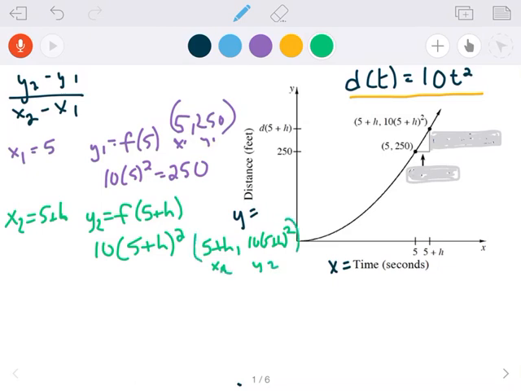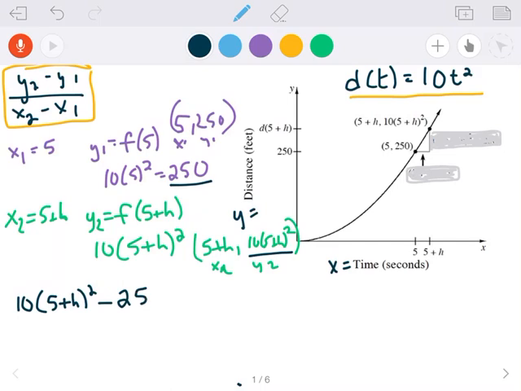Second ordered pair. Okay, and now all we need to do is use this expression up here to calculate our slope. So we're just going to plug it in. For y2, we have 10 times 5 plus h, the quantity squared. And then y1 was up here, so we're going to subtract that, which is 250.